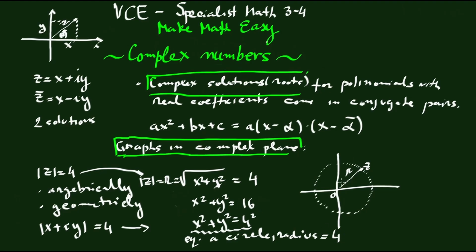So there are two ways to the solution of what this equation represents, geometrically or algebraically, and we come to the same result. It's a circle with a radius of 4.